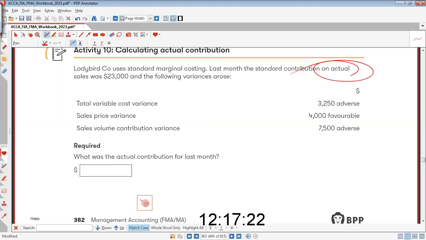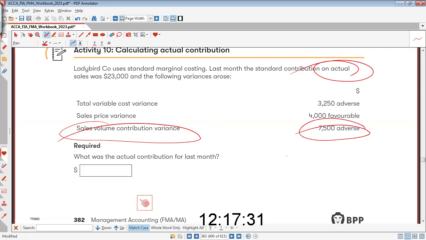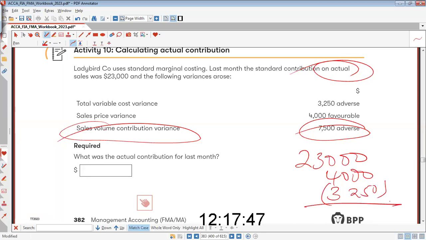We said the reason why we compute the sales volume contribution variance is to adjust from budget to actual. So that means this one becomes relevant now. We have 23,000. We adjust price variance, add 4,000, and then subtract 350.